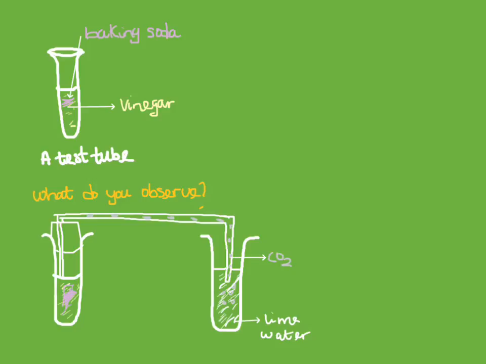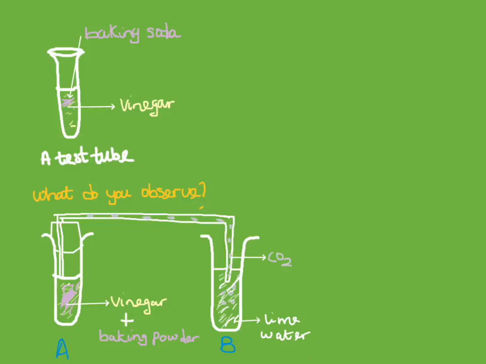In test tube A, we have vinegar and baking powder which has been added to it, while in test tube B, we have lime water and carbon dioxide. You may ask, where is the carbon dioxide coming from?